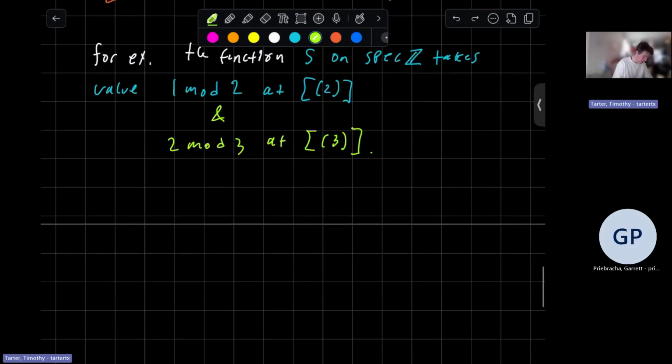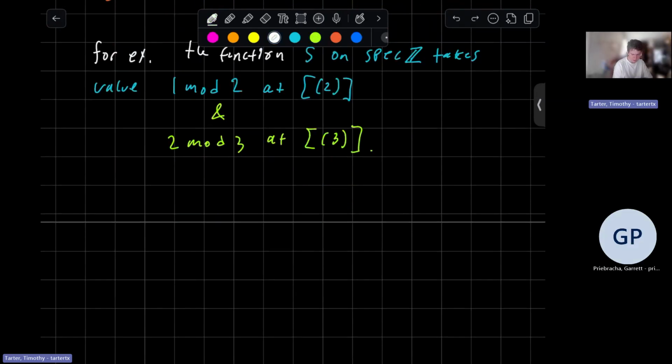Okay. And so Vakil gives us this clarifying statement. I hope it's a clarifying statement.